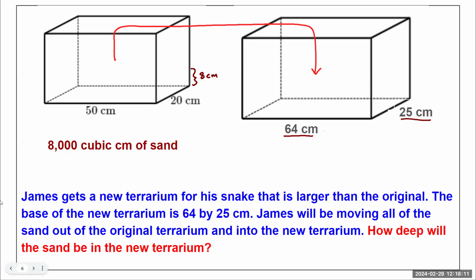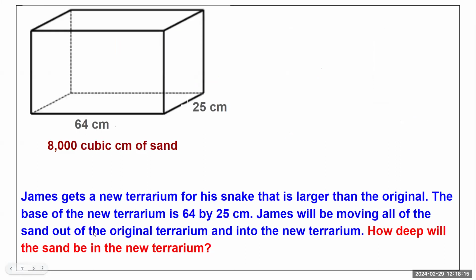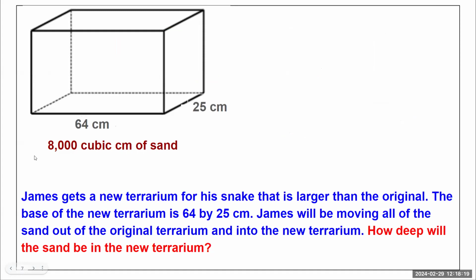In order to find out exactly what the height or depth of that sand is going to be, we are going to annotate on this new terrarium. We don't know what that new depth or height is going to be, so we're just going to use a variable of h. We're going to use our volume formula once again. We know the volume is going to equal length times width times height.